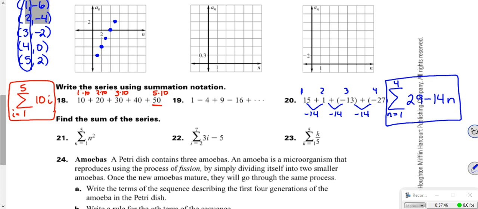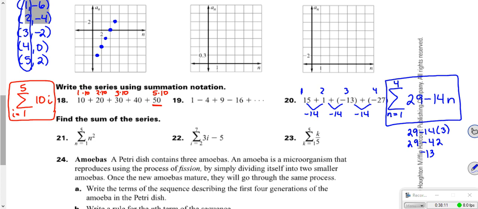Let's actually check and see if that rule works, like on the third one. So 29 minus 14 times 3. 14 times 3 is 42. So 29 minus 42 is definitely -13. It works.